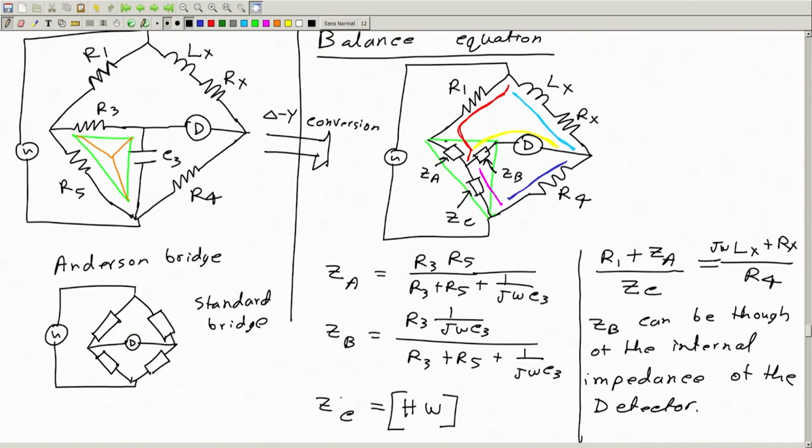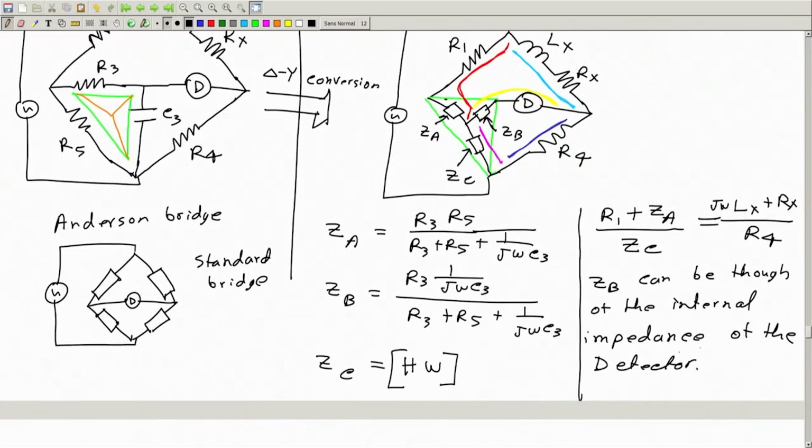So, ZB has no role; ZA is here, ZC is here. You can find these values and put them in this equation, equate real to real and imaginary to imaginary, and you will get two equations. Finish the derivation, this is your homework.